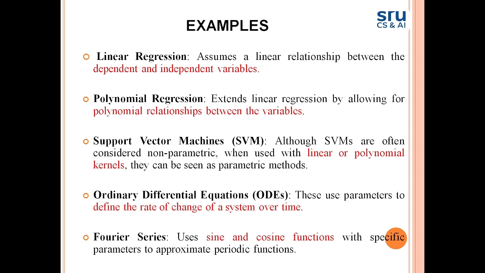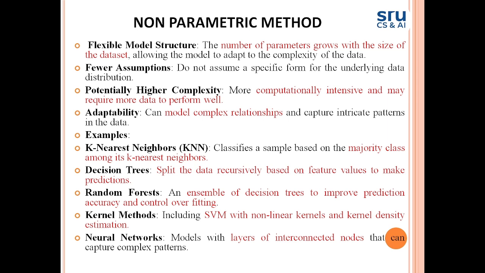Then we have support vector machine, although SVMs are often considered non-parametric when used with non-linear kernels. Then we have ordinary differential equations, where we define the rate of change of a system over time. In Fourier series, we use sine and cosine functions with specific parameters to approximate a periodic function.